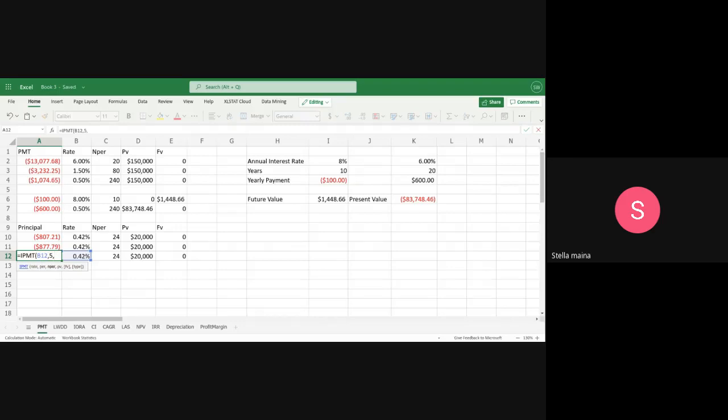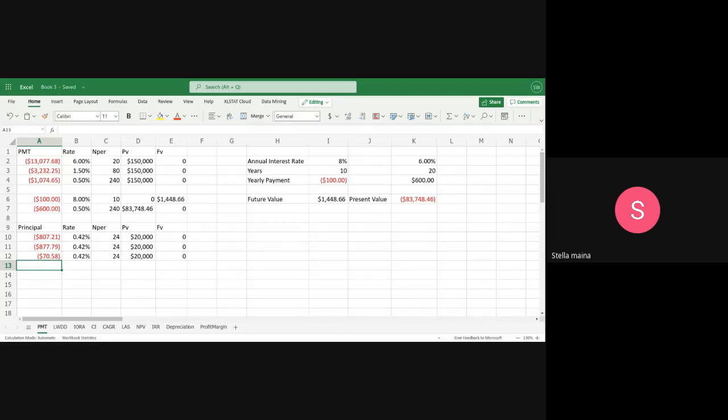Then I go ahead to my total number of periods, that is C12, and then B12, and then E12. Once I click that, you can see that the interest part is $70.58. So that is what is happening.